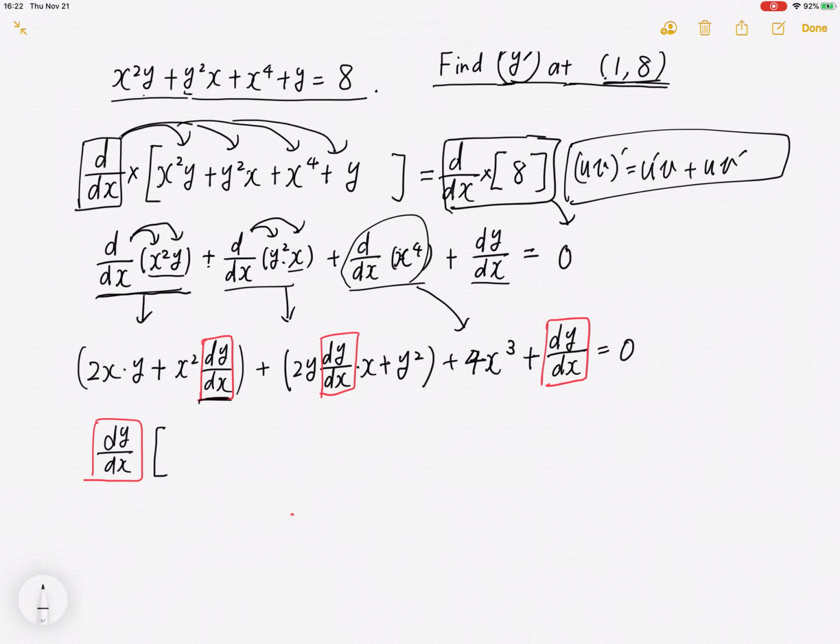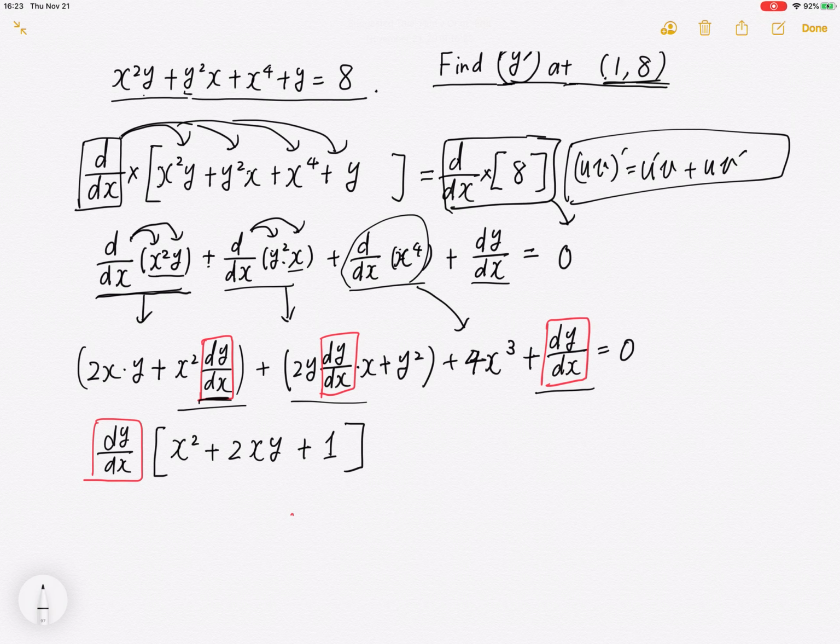Group all the terms containing dy dx. So it's the second term, the third term, it's got the 2xy, and then the last term, 1, 2, 3, 4, 5, 6 term, it's just 1.